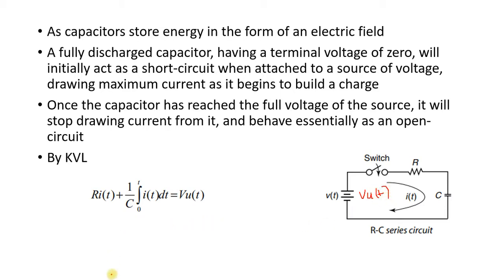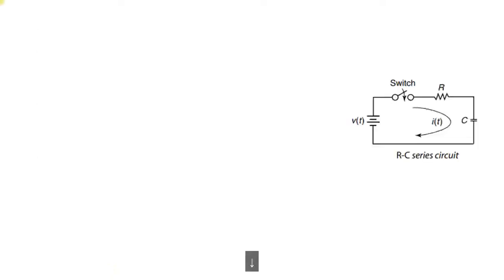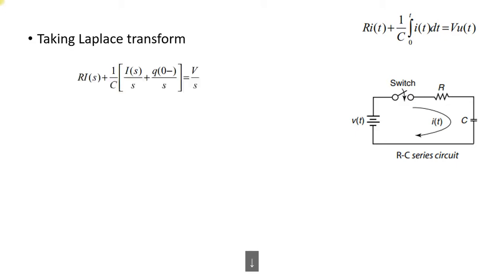Now apply the Laplace transform to the corresponding equation, which we wrote in the previous slide. Taking the Laplace transform, we get R into I of s plus 1 by C into I of s divided by s plus q of 0 minus divided by s, equal to V by s.